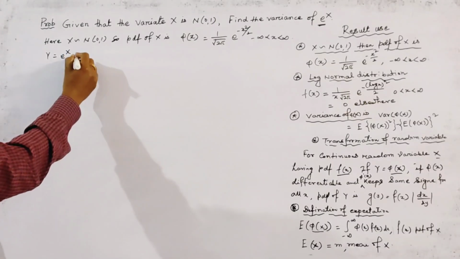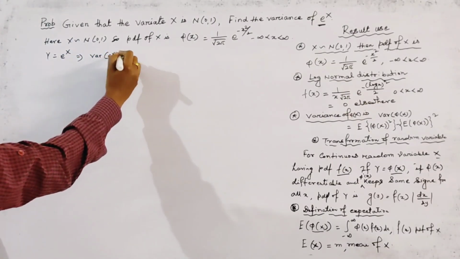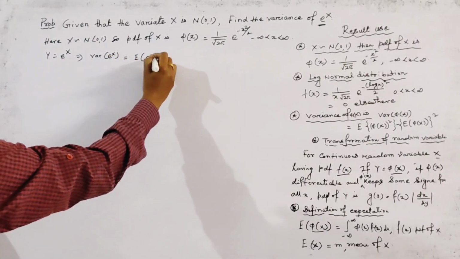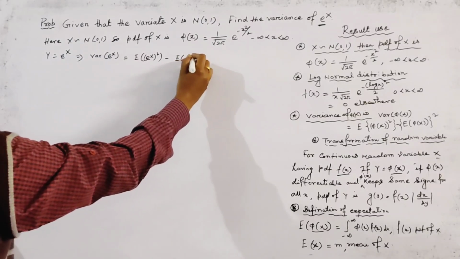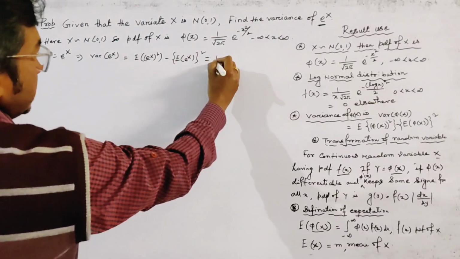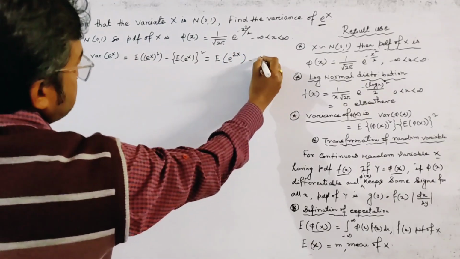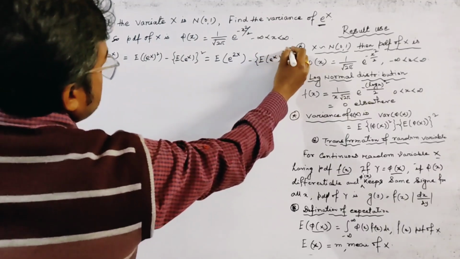So var of e to the power x is expectation of e to the power x whole square minus expectation of e to the power x whole square. That is expectation of e to the power 2x minus expectation of e to the power x whole square.